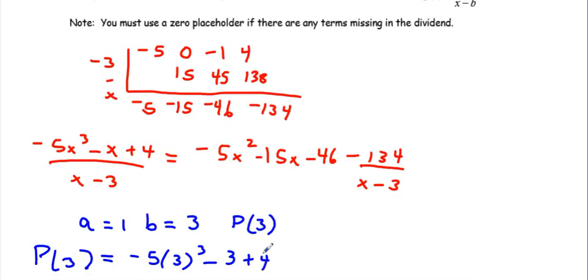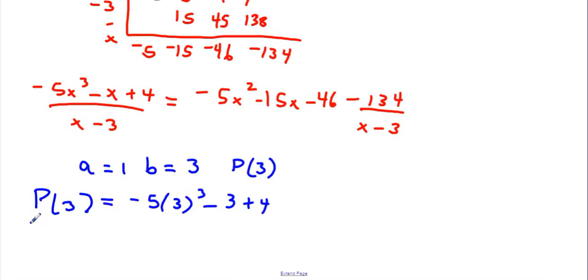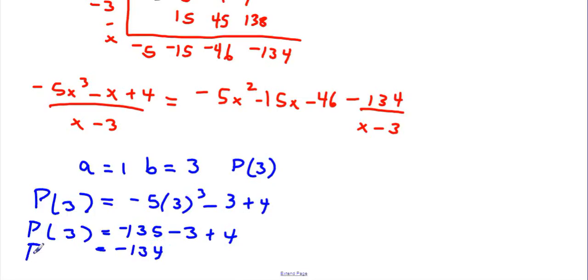When we calculate that, 3 cubed is 27. 27 times 5 is negative 135 minus 3 plus 4, which is negative 135 plus 1, which is negative 134. And so I'm feeling much better now about my answer.